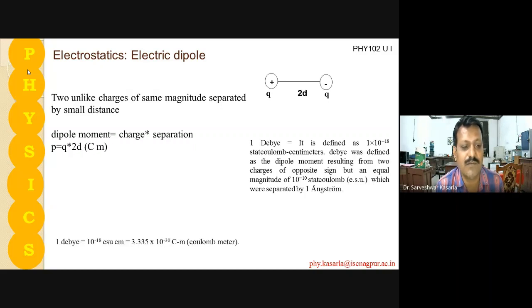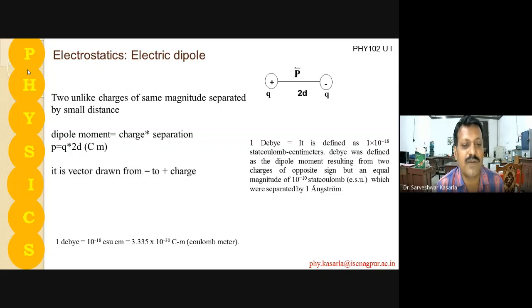In a similar way, one can have the relation between 1 Debye and coulomb meter. So this is the relation between electrostatic unit centimeter, coulomb meter, and 1 Debye.